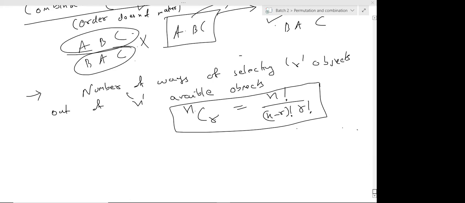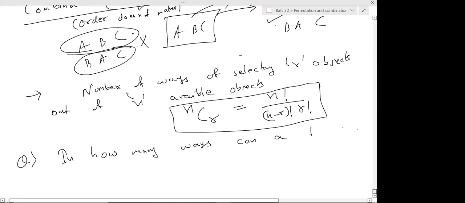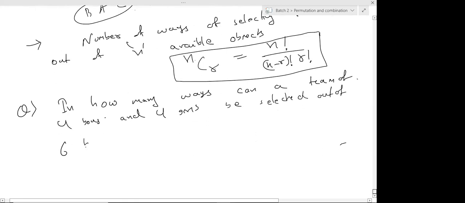All right, so write down the question. In how many ways can a team of 4 boys and 4 girls be selected out of 6 boys and 5 girls?